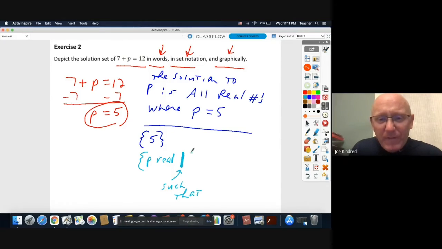That's in your book. Such that P is equal to 5. And so you might see either one of these. This is obviously simpler, and this is more detailed.